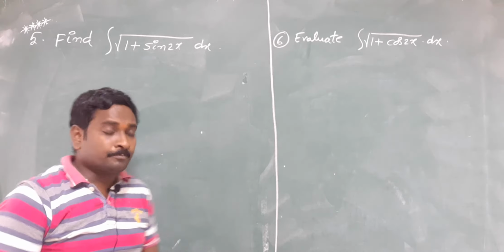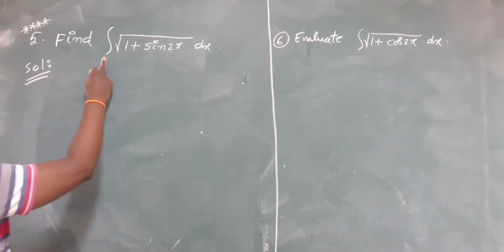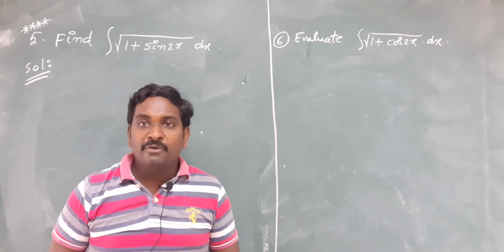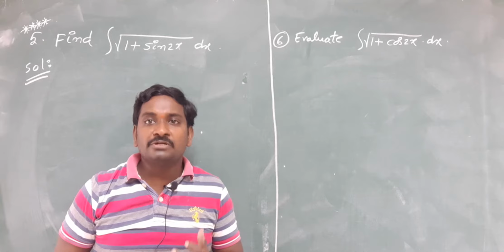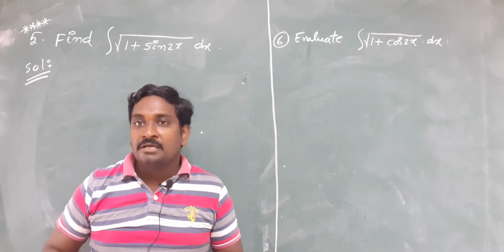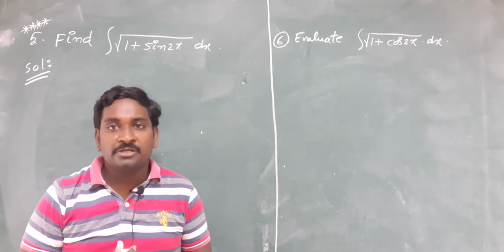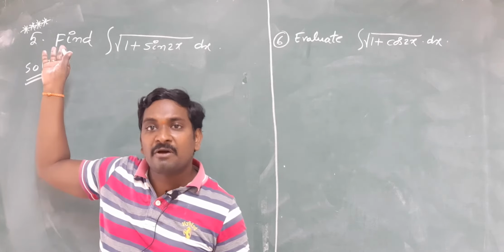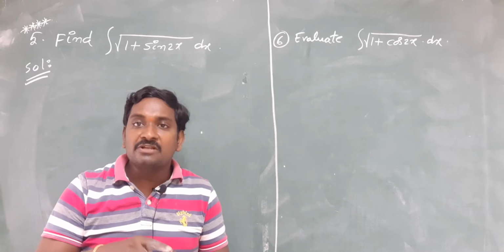This is the next problem. This is a very important one. Find integral root of 1 plus sin 2x whole dx. Before evaluating this type of integrations, first we should try to understand the structure of the inside function. Clearly here the inside function is root over 1 plus sin 2x dx. Actually we do not have a direct formula for integration of this type of function. We only have the formula for integration of root x.